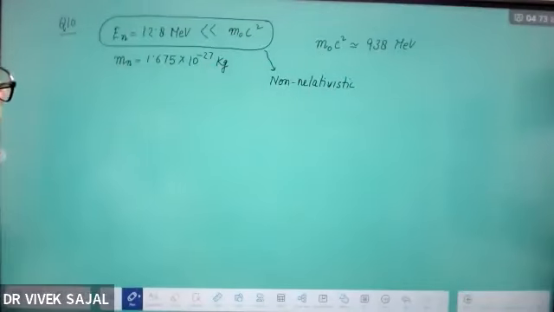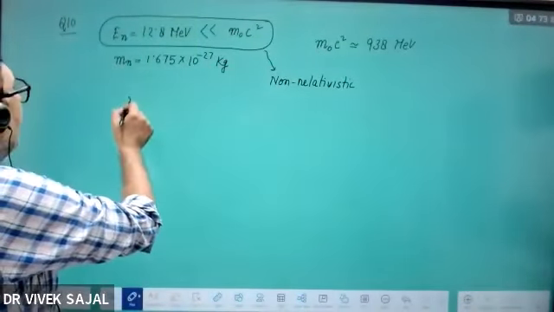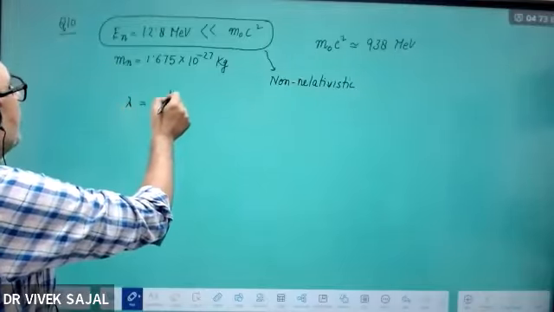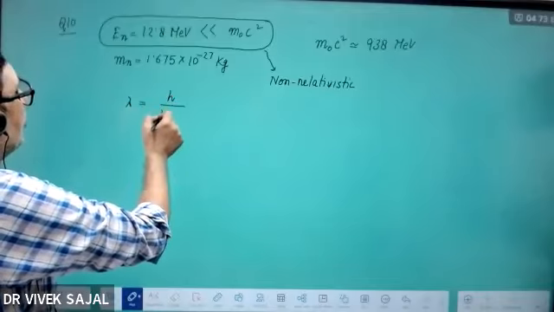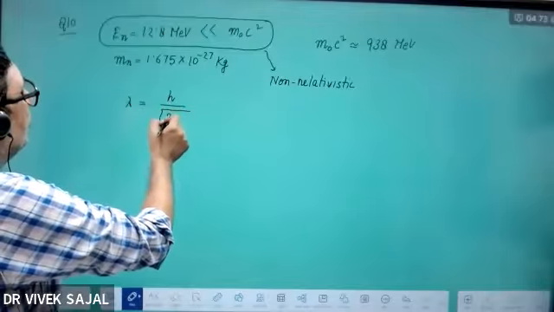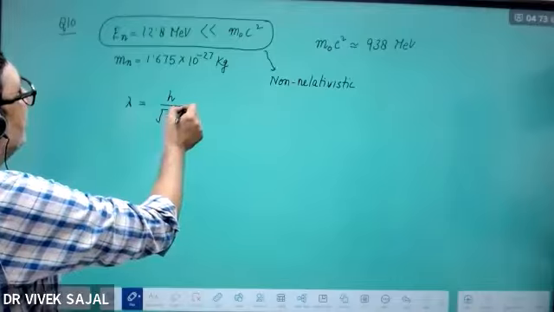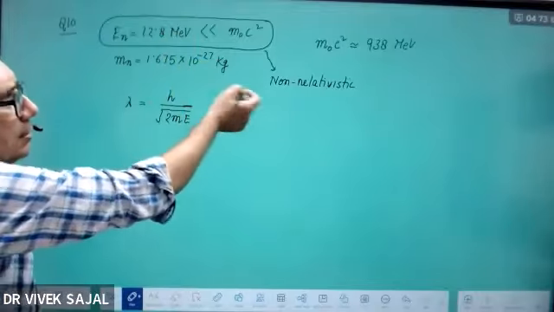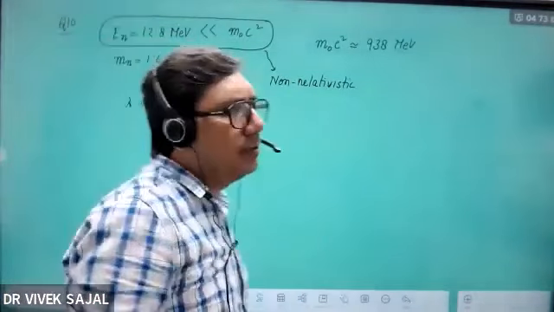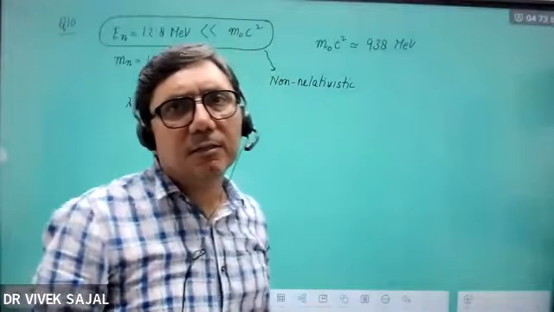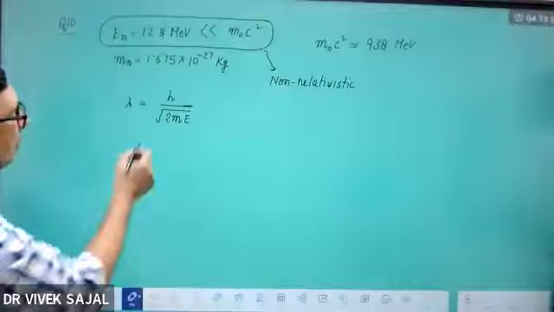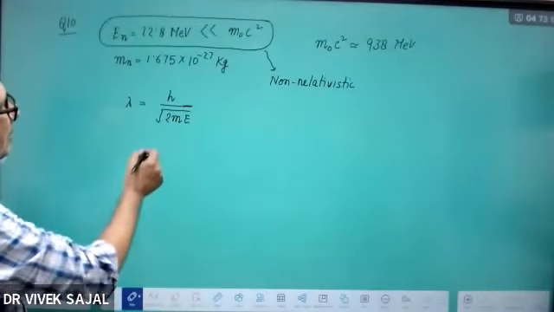Now come back. So what will be the lambda? Lambda will be h upon square root of 2mE, where E is the kinetic energy. This is in the case of the classical, non-relativistic regime. So tell me, how much will it be?